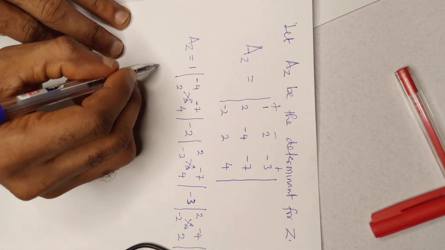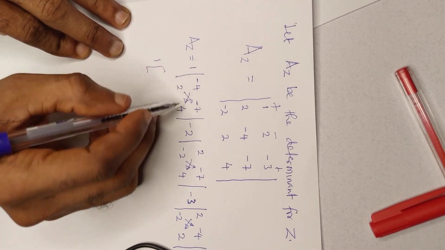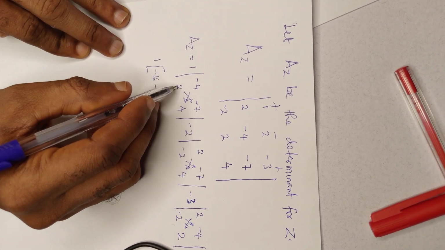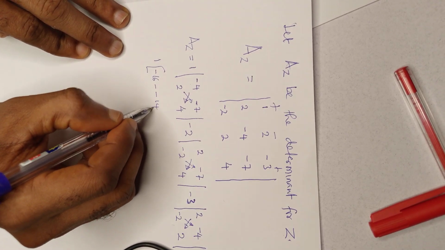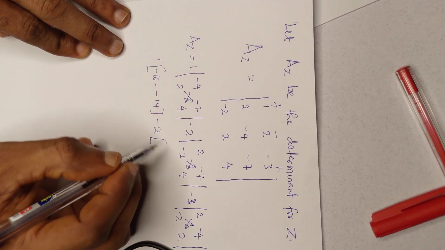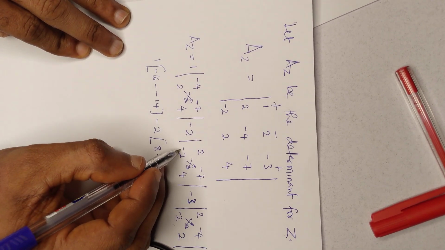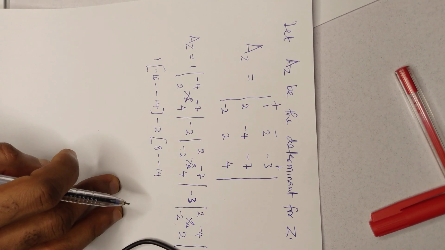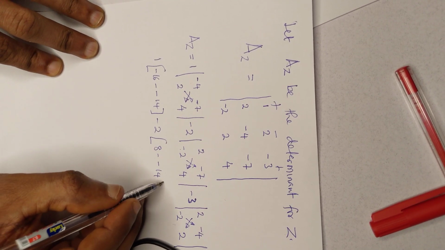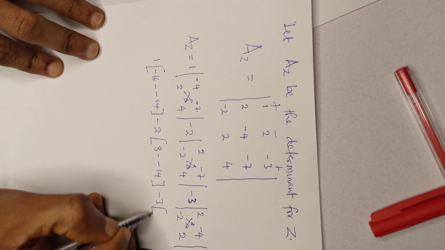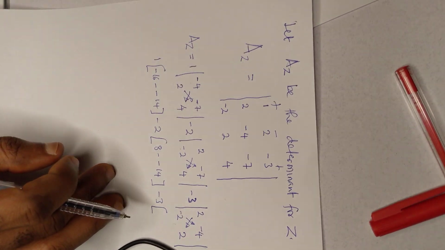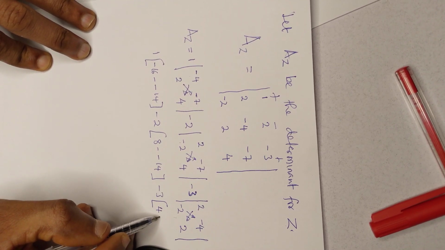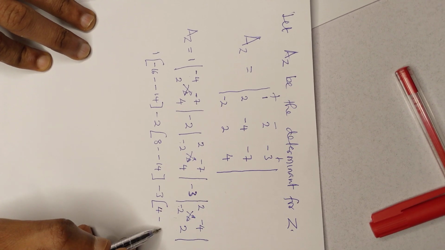So this will be 1 into minus 4 times 4 will give us minus 16, minus 2 times minus 7 will give us plus 14, minus 2 into 2 times 4 is 8, minus 2 times minus 7 is plus 14, minus 3 into 2 times 2 is 4, minus 2 times minus 4 is 8.